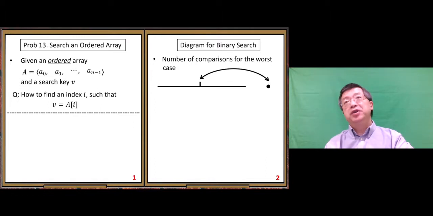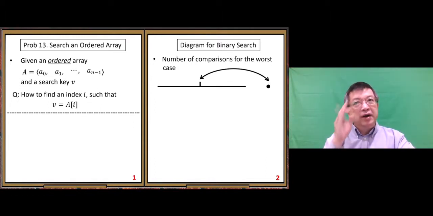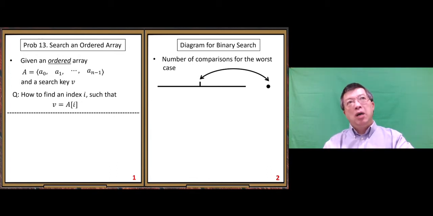Now you know the meaning of the median. After one comparison, how much problem size reduction do we have? We drop 1/2 of the data, approximately 1/2 of the data. So that's one comparison.